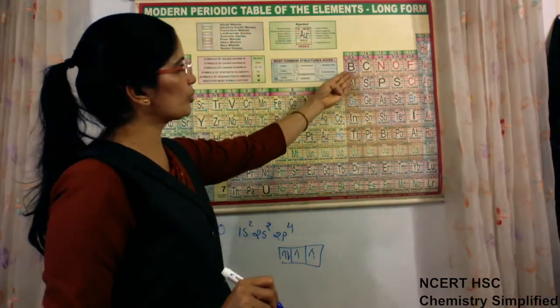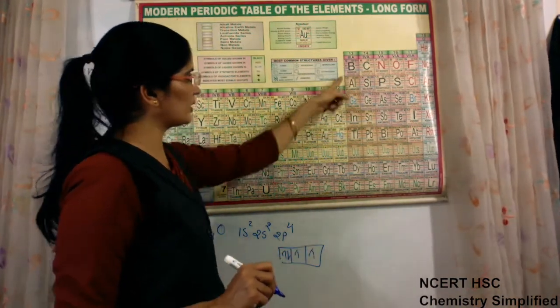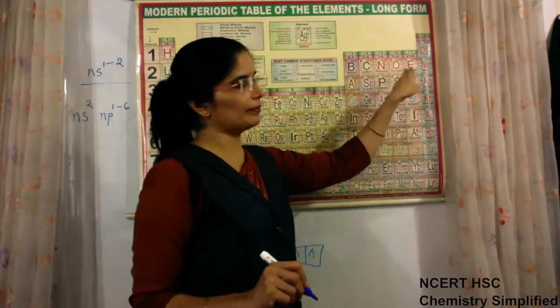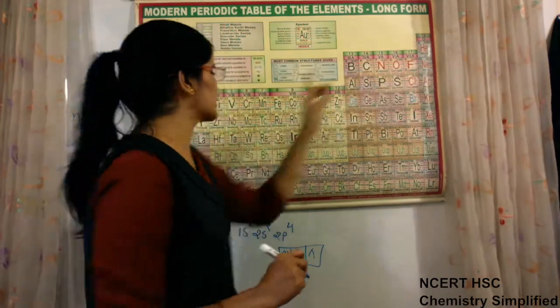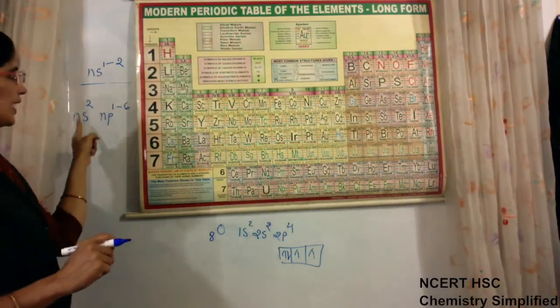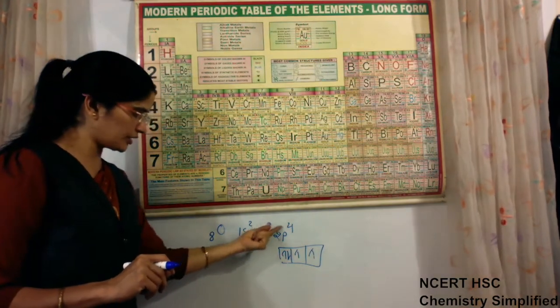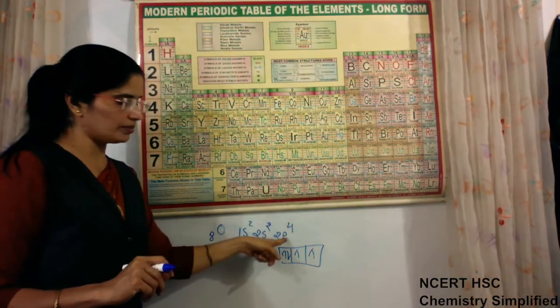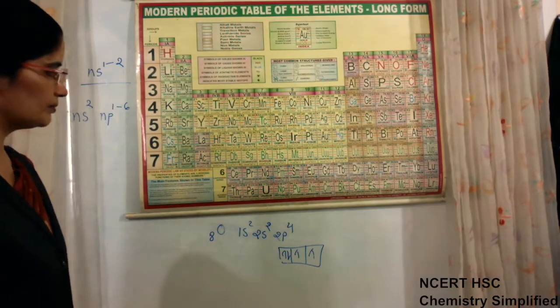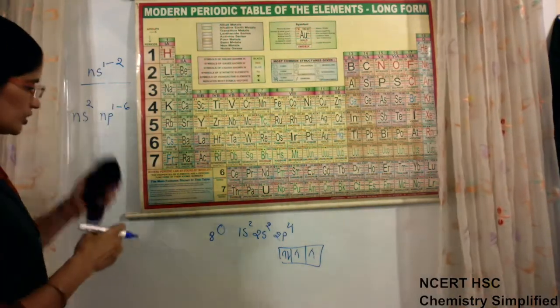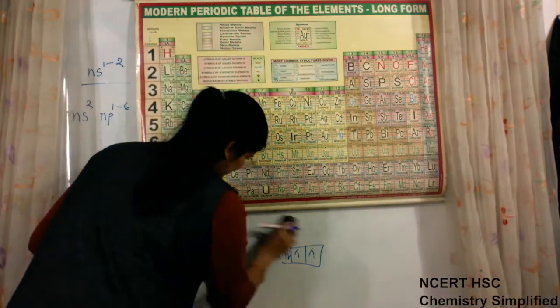If it is boron, it will be np1, carbon np2, nitrogen np3, oxygen np4, then np5, np6. So from 1 to 6, and S is already full when we start. You can see 2s2 is already full. Then it goes into 2p according to the particular element. Okay. So we have discussed outer electronic configuration.